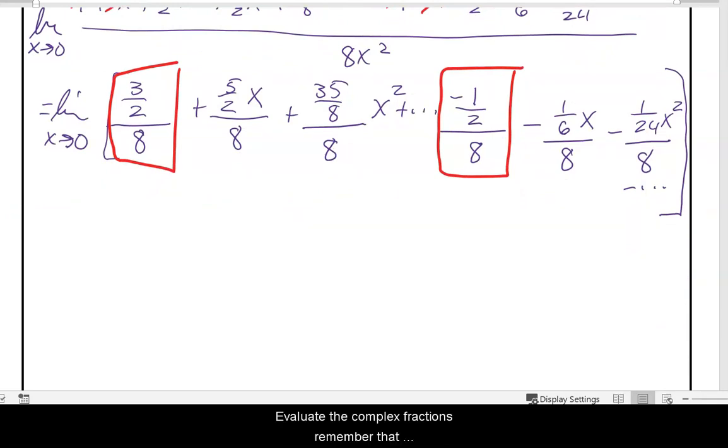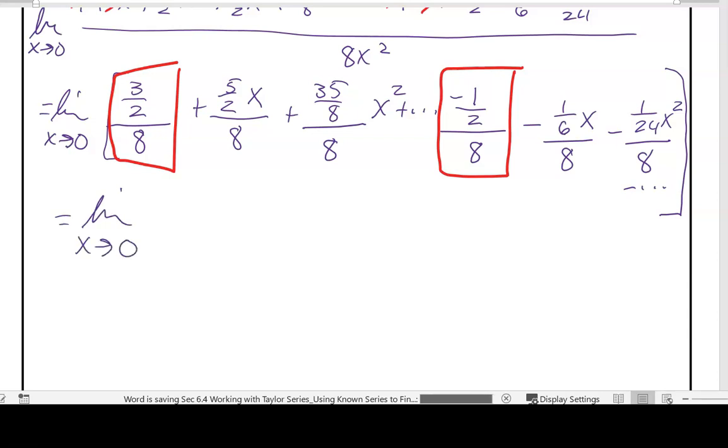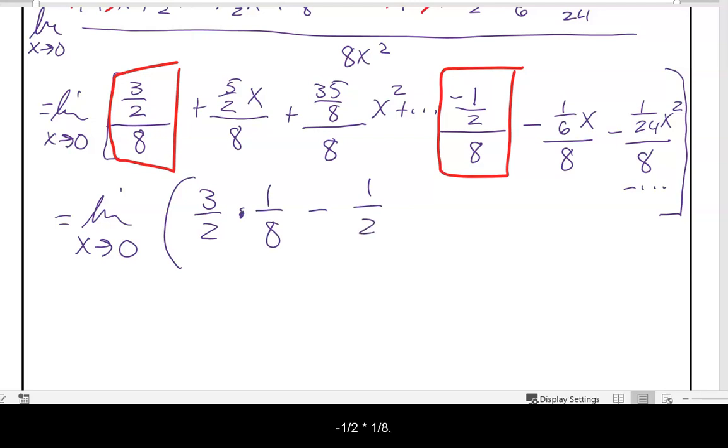To evaluate the complex fractions, remember that dividing by 8 is the same as multiplying by the reciprocal, 1/8. That means that we can rewrite the limit in the following form so that we can finally get the answer. This is 3/2 times 1/8 minus 1/2 times 1/8.